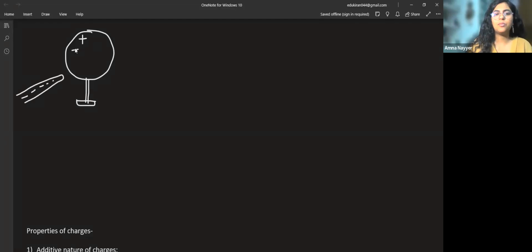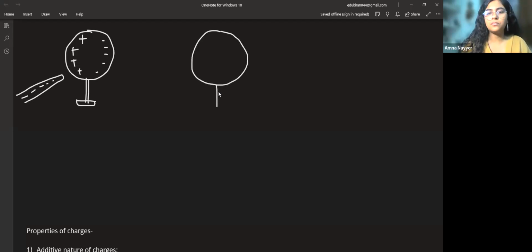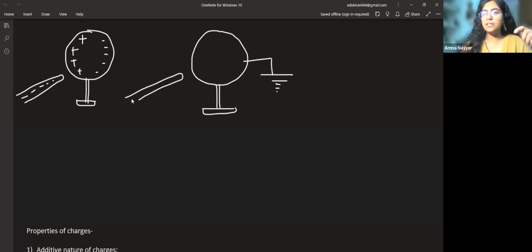So what will happen? Positive charges will be accumulated at this end. Negative charges will be accumulated at this end. Now, keeping the rod at this position, if I perform earthing here, the glass rod has to be there, because as soon as the glass rod is removed, the body will go back to neutral.